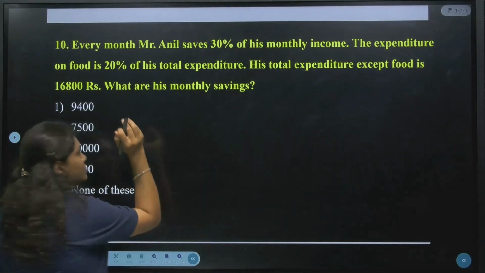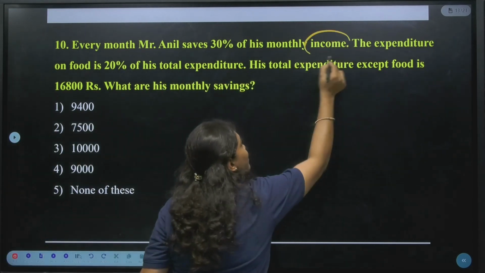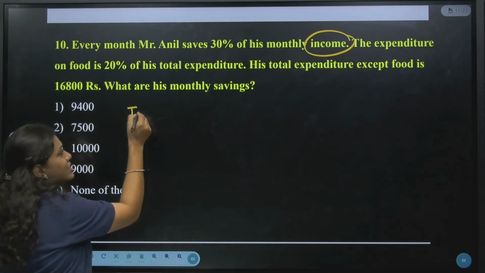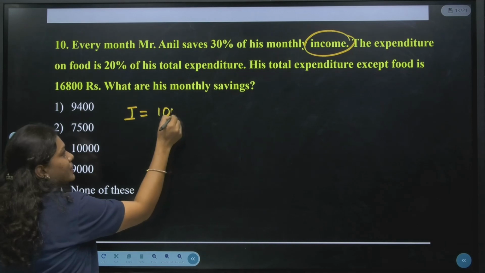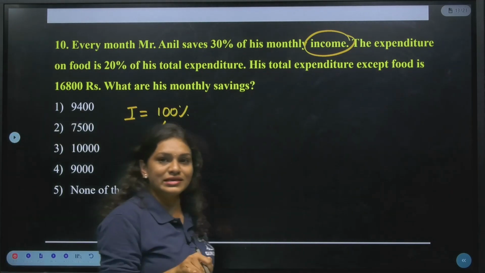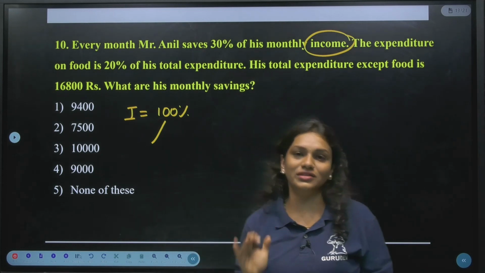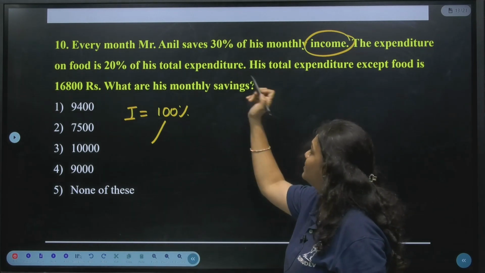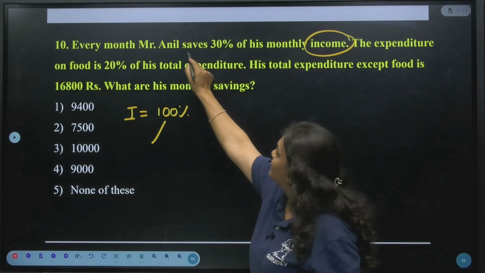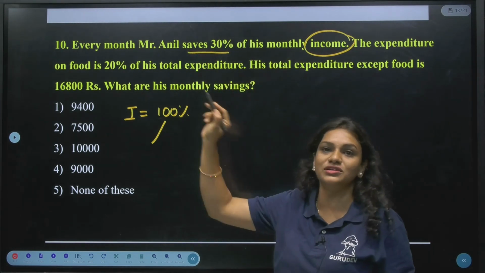Do we know the actual income? We don't know. If I assume the total income is 100%, Anil saves 30% of income.